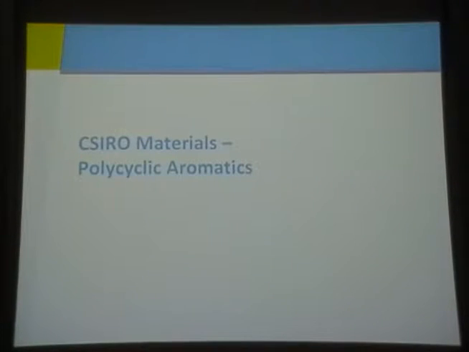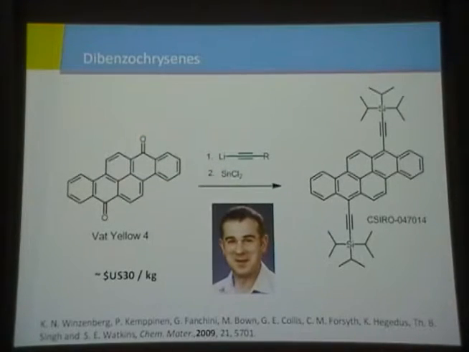Borrowing the concept from John Anthony's work, our team at CSIRO has introduced polycyclic aromatics, made by our chemist colleague Kevin Winzenberg. I'll quickly go through these materials without going into details. They are synthesized from very cheaply available commercial dyes with a very straightforward synthesis process.